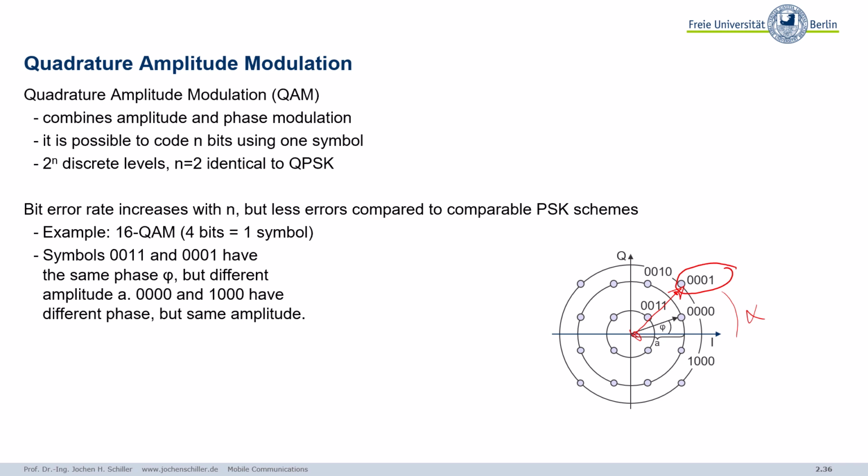So here we code 16 different symbols into this constellation diagram. So 4 bits per symbol. So we could go to 5 bits, to 10 bits, to have 1024 or whatever points in the constellation diagram. Yes, we can do more and more, but I will explain this on the next slide.